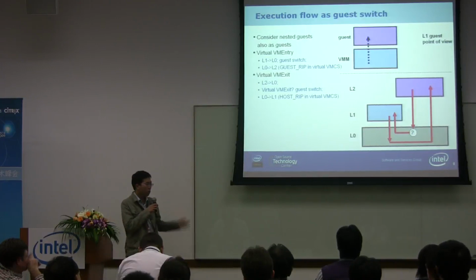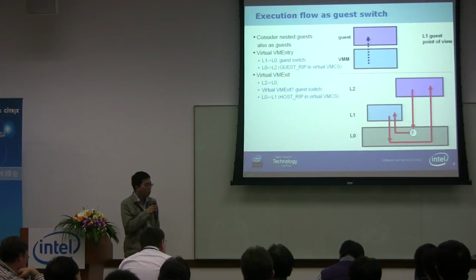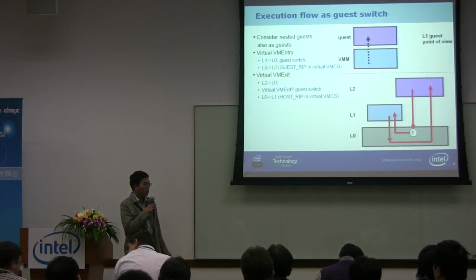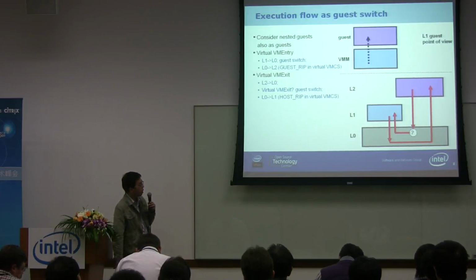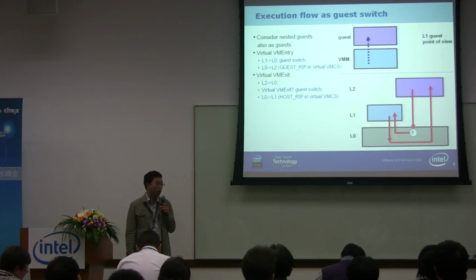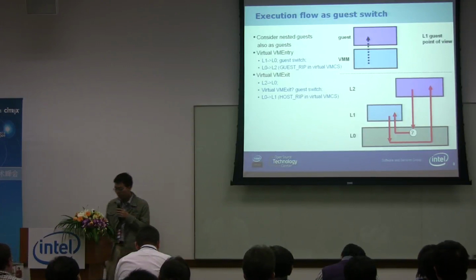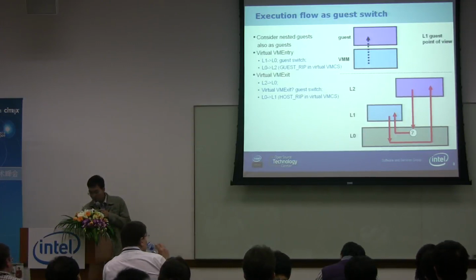The page fault, very like the ordinary memory virtualization system, can be of different origins. It may be a guest page fault or a shadow page fault. If the page fault is a level 0 shadow page fault, then the level 0 VMM will handle it itself and then return directly to the level 2 guest.